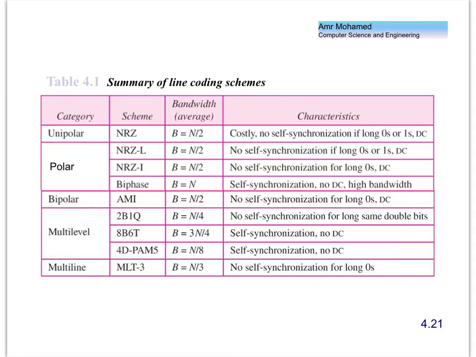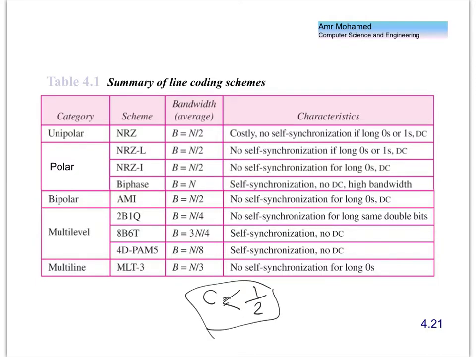This table summarizes the practical bandwidth for all the methods that we have studied. For some methods, like 8B6T, 4D-PAM5, MLT-3, and multi-transition, you will notice that the k factor is not exactly half. It's actually less than half.